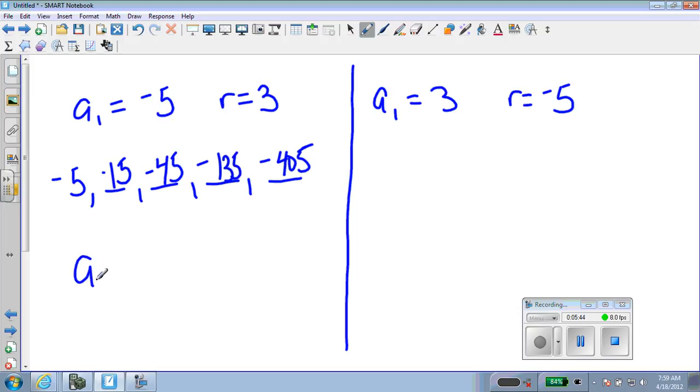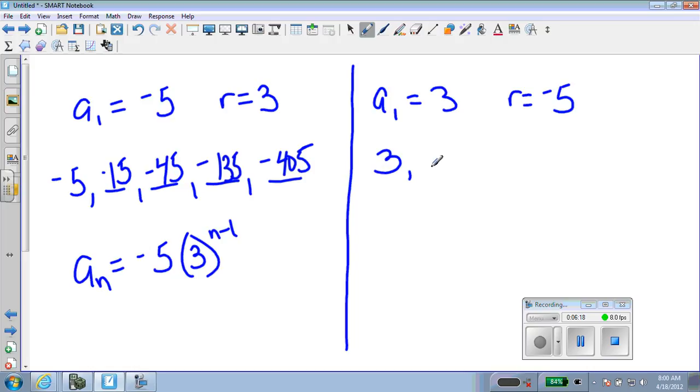Our functional formula, a sub n, start from negative 5, multiply by 3, n minus 1 times. This particular sequence is decreasing, to use some of our vocabulary. It is monotonic, decreasing. It's bounded at the top by negative 5, but not bounded at the bottom because it just keeps decreasing.